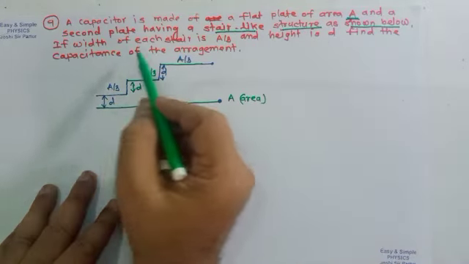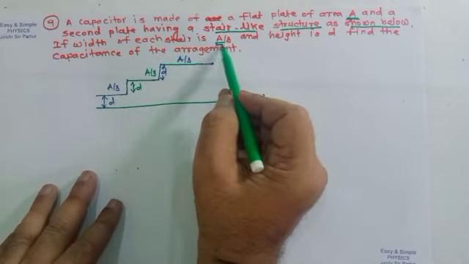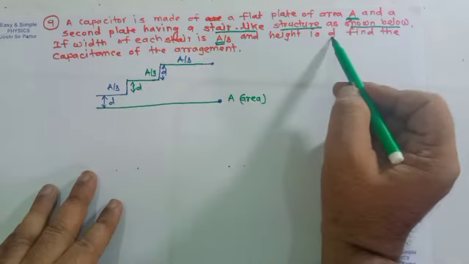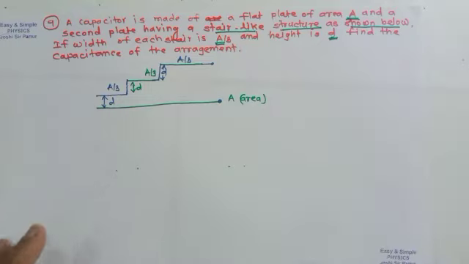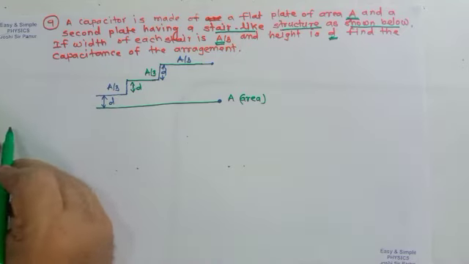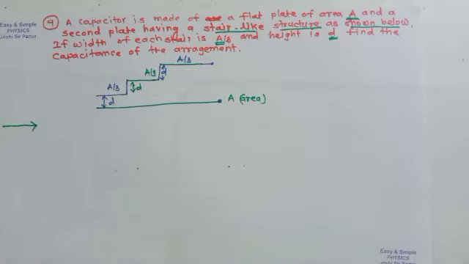If width of each will be A upon 3 and height is D, find the capacitance of arrangement. See here the arrangements in such type of example.